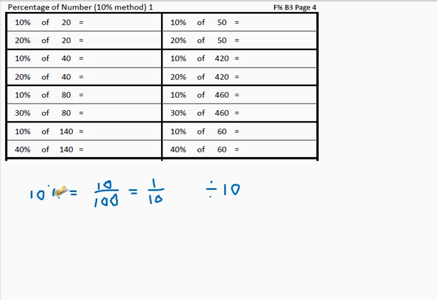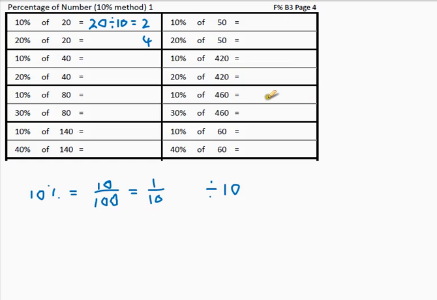So when we work out 10%, we can just divide by 10. Okay, so 10% of 20 would be 20 divided by 10, which is 2. Now if 10% is 2, what would 20% be? 20 is double the 10, so double 2 is 4. Okay, pause the video and you try the rest.